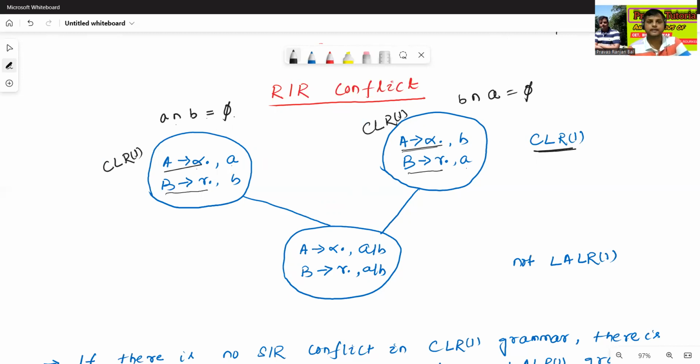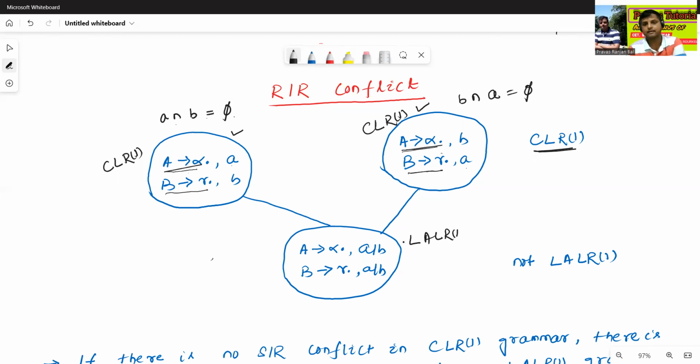Okay, this one is CLR1 and this one is also CLR1. But just see, here the core part is A to alpha dot, and here the core part is B to gamma dot. Since the core parts are the same but the lookahead parts are different, we can merge in case of LALR1.